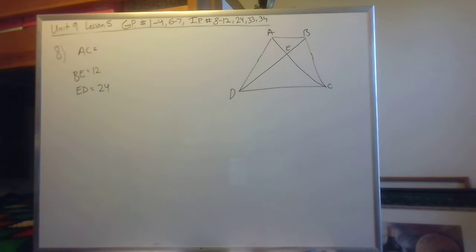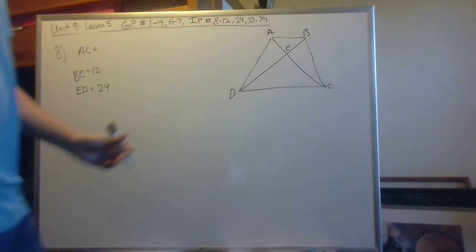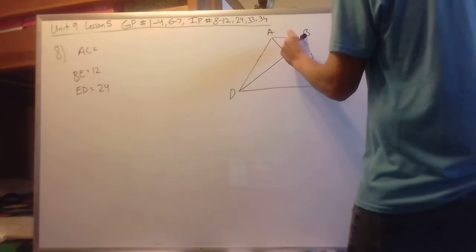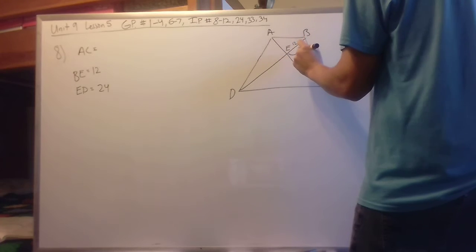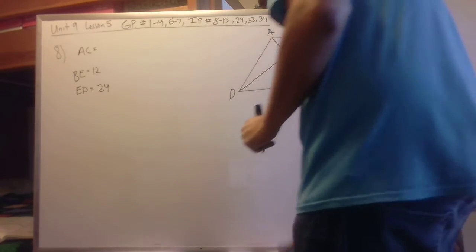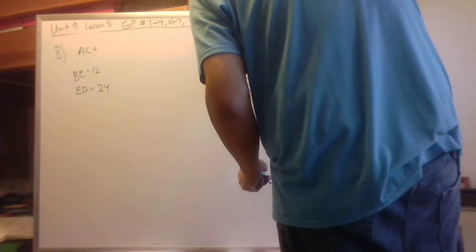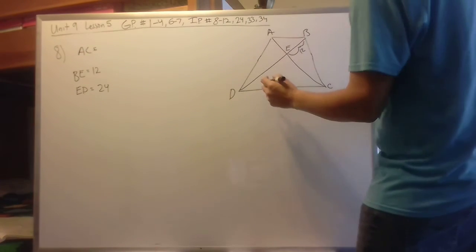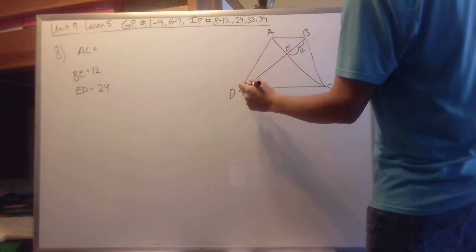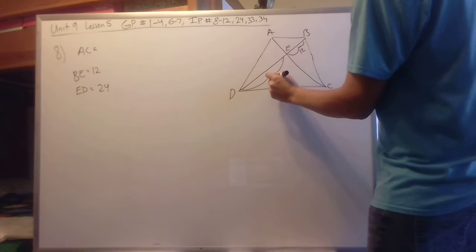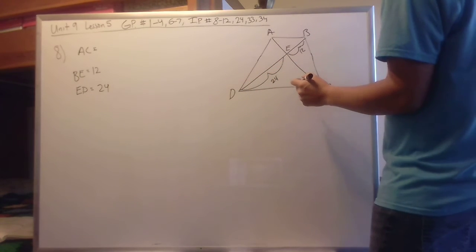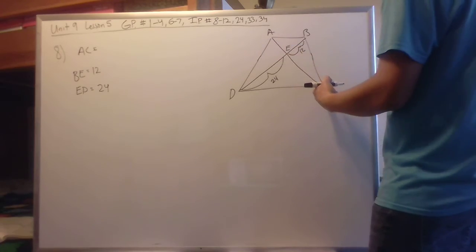All right, so let's label what we know. BE right here is 12, and we know that ED is 24. What they're asking for is AC, the length of the diagonal.